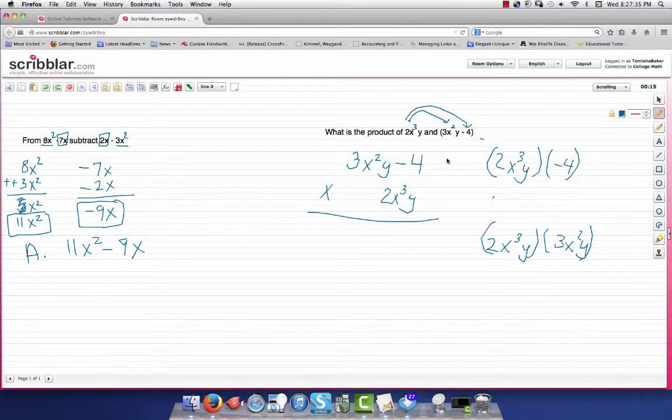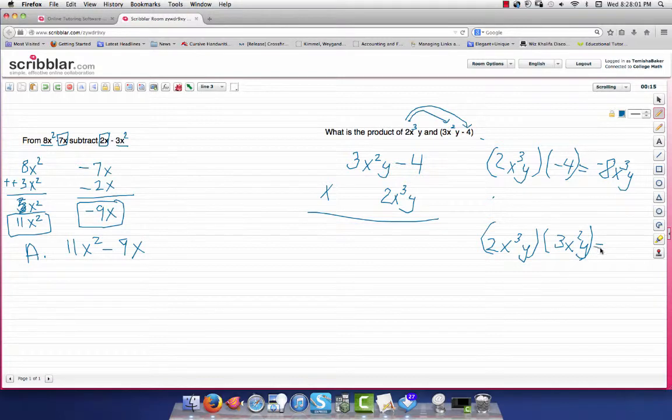Okay, all right. So here we're going to multiply the constants, which are the numbers. So we have 2 times -4, which is -8. Okay, and then we have the x cubed y, and there's no other variables in this term here, so we just keep the x cubed y.